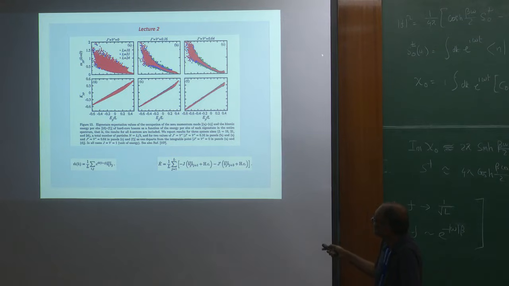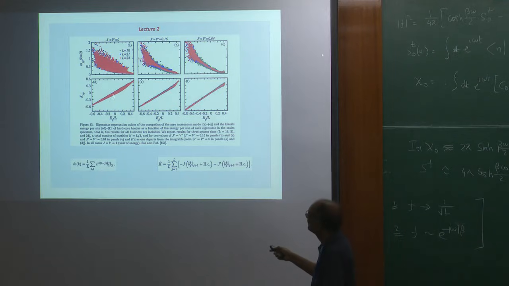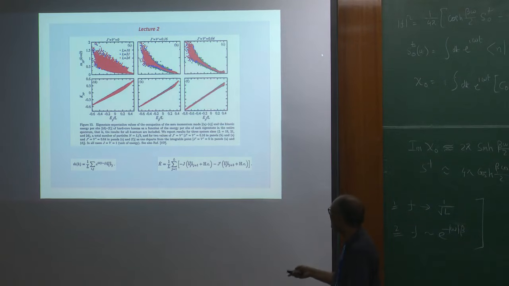Here the spread is even more. So this is a demonstration that for integrable models, it's not just an ETH-obeying energy-dependent function. It's spread way over the energy line, and here it is just a function of energy.